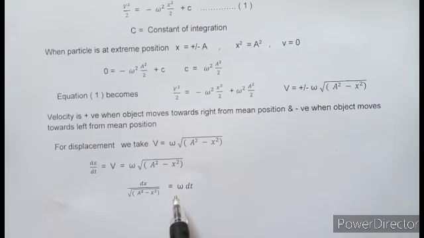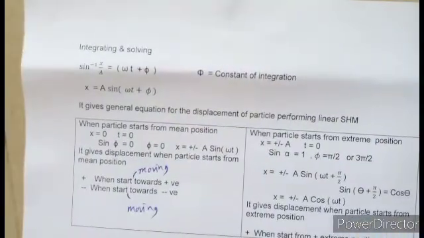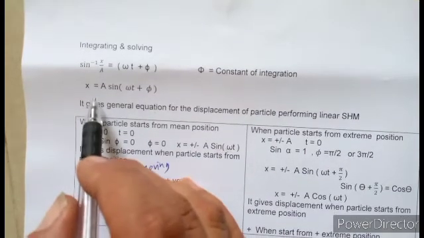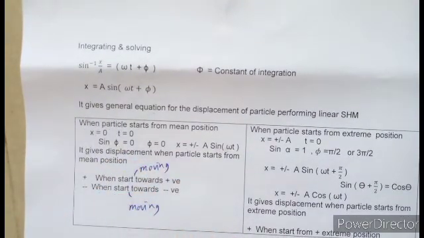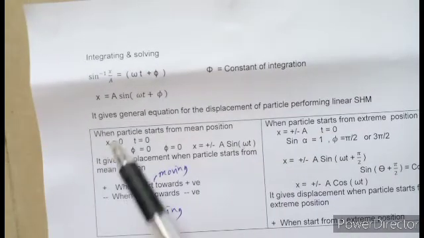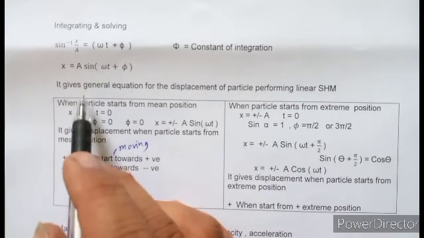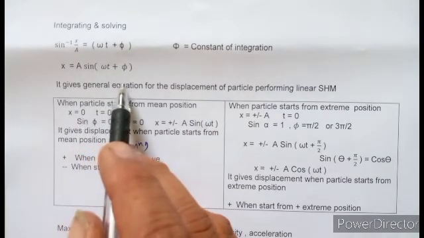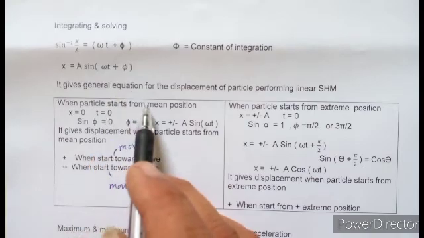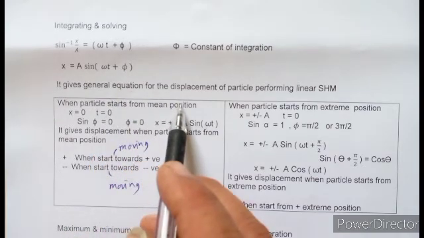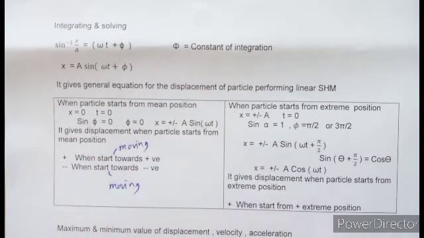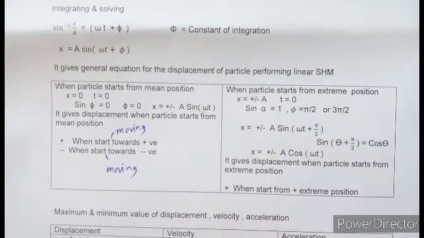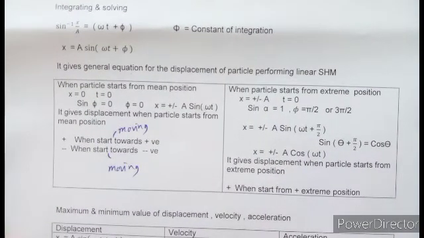Rearranging the terms and finding the integration, we calculated the displacement x is equal to a sine of omega t plus phi. x is equal to a sine of omega t plus phi gives the general equation of displacement of a particle performing linear SHM. Now we apply the conditions.